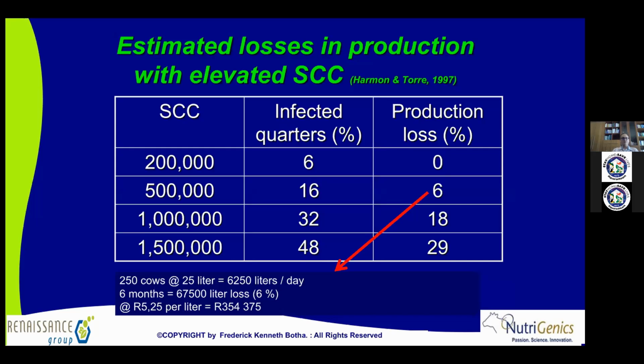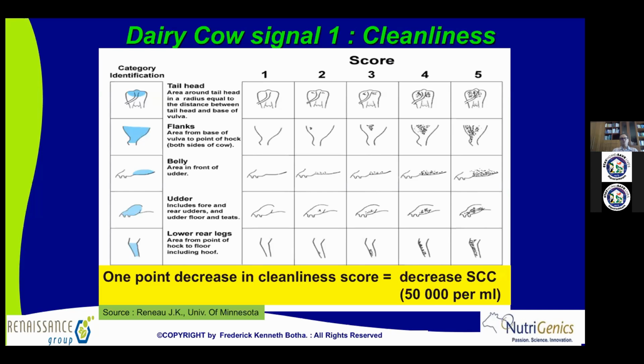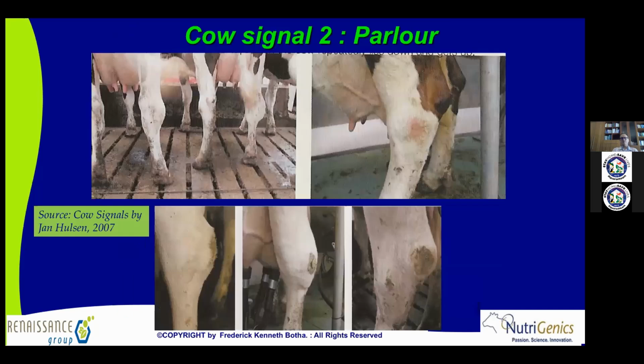So in a normal dairy herd averaging 25 liters in a 250 cow unit, decreasing that somatic cell count can improve profitability on an annual basis by over 350,000 rand. So it's a big focus on most farms, and therefore we need to do a cleanliness score to see if there is a problem in the camps.